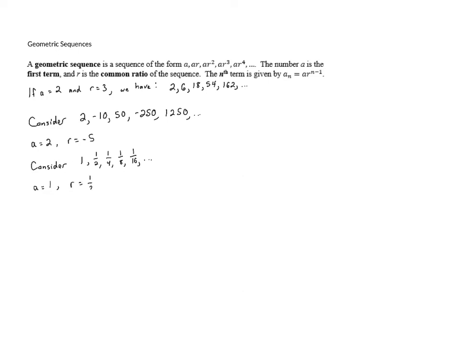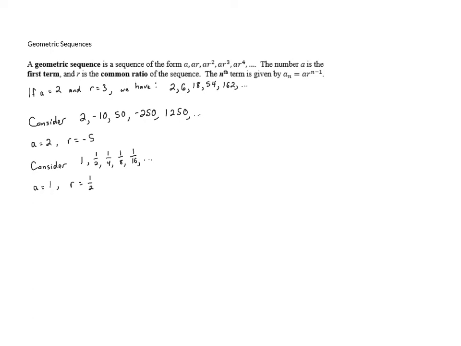So in this case, we have a common ratio that's less than 1, specifically 1/2. And if we look at how this affects the individual terms, we can see that instead of increasing very quickly, they're actually decreasing very quickly. They're decreasing exponentially.